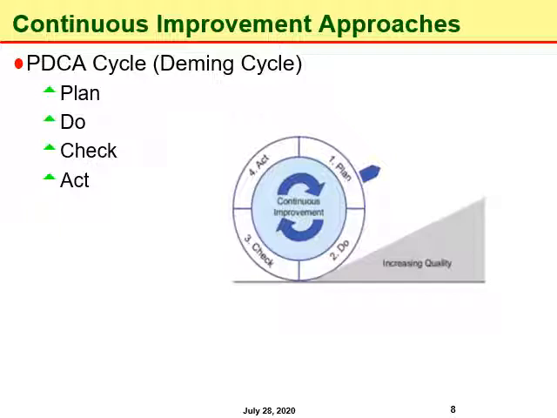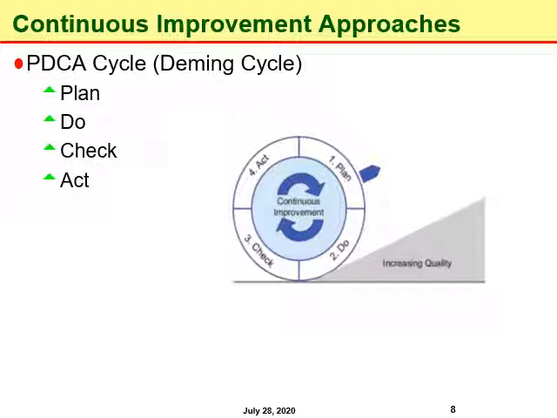PDCA is not explicitly focused on software development, but has traditionally been used for various other domains, such as industrial production and business processes. As mentioned earlier, it consists of a four-step problem-solving process.